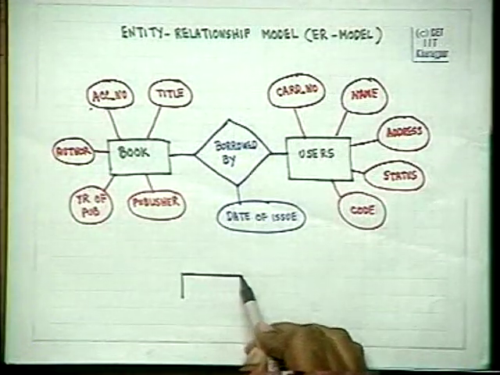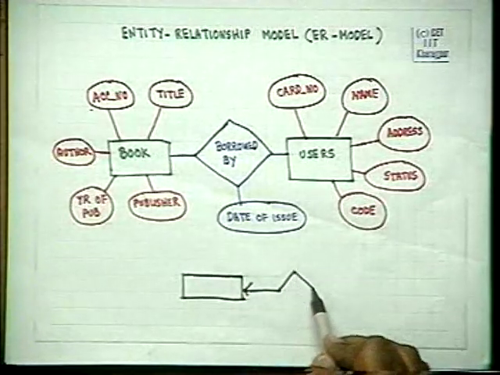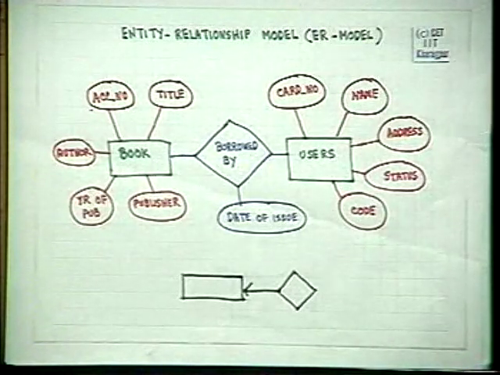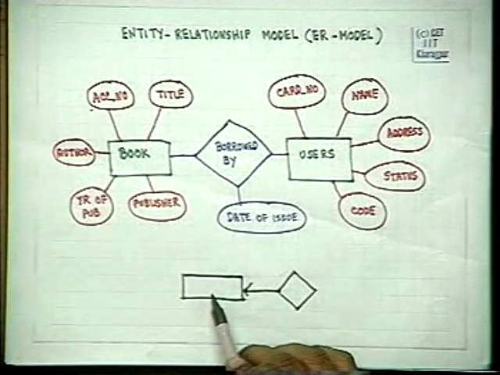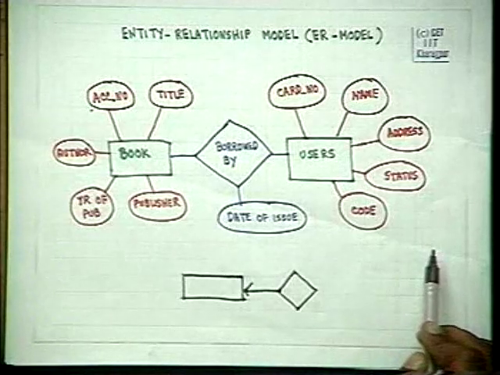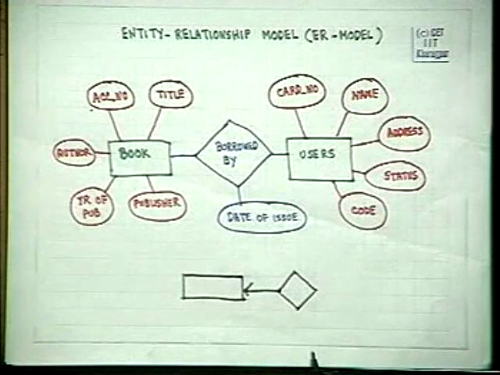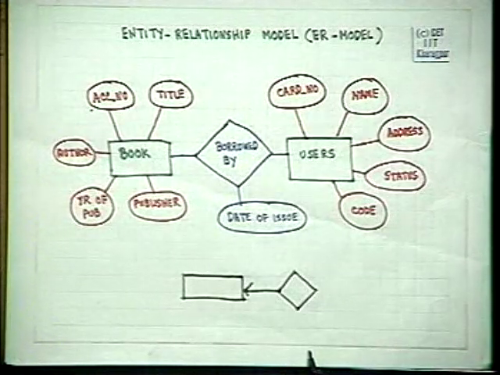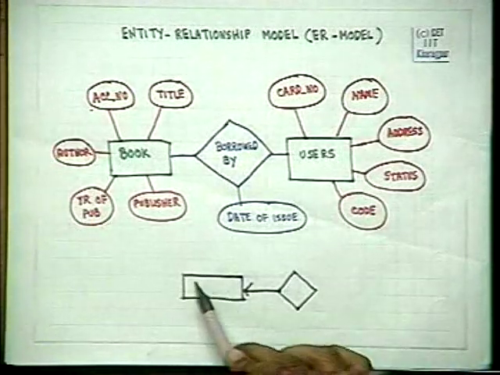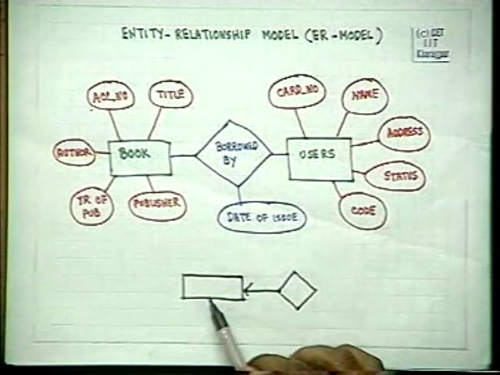If on any entity we put this, then this entity to any other entity will participate in a 1 to 1 or 1 to many relationship. When we write down this arc on this relationship, then this entity will participate in a 1 to 1 or a 1 to many relationship.